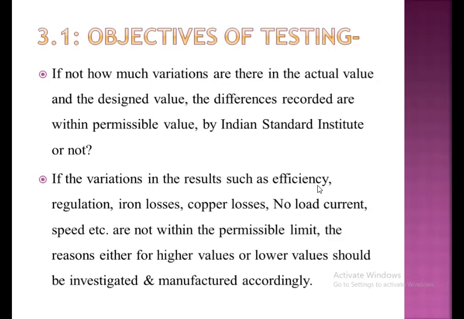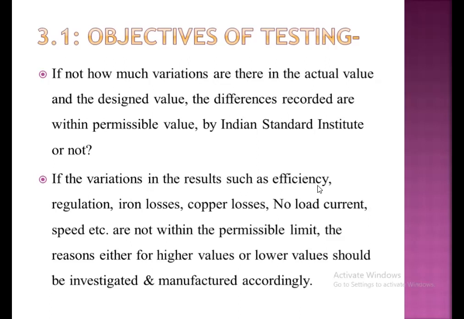All the differences should be recorded on one page or in one sheet, so that a study can be done on why the differences are coming. What are the differences, and which factors are affecting them? That means the reasons behind the differences. Are the differences falling within the permissible limit or not? We have to study all these things.